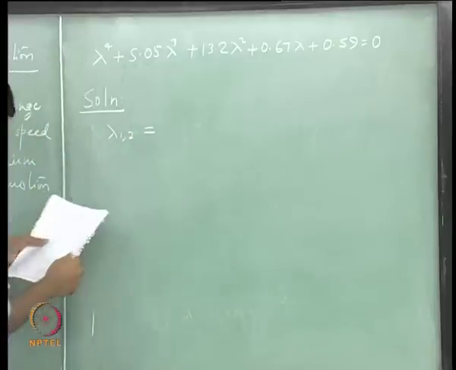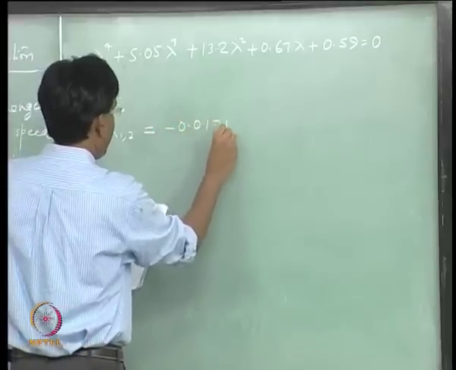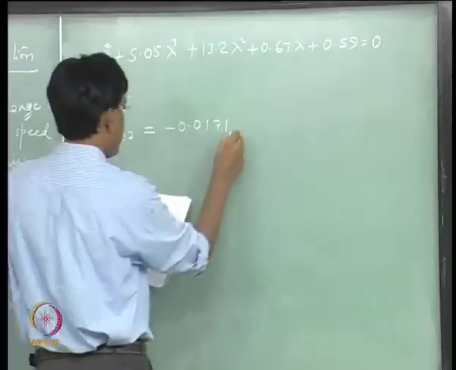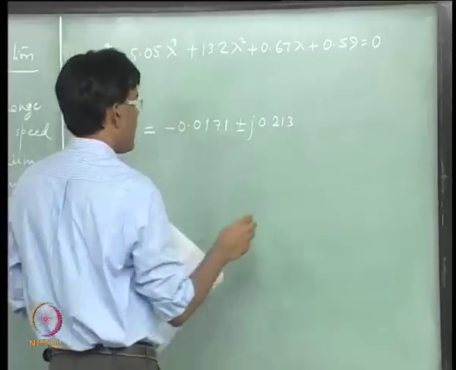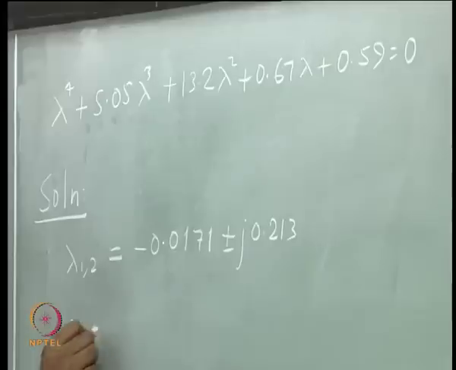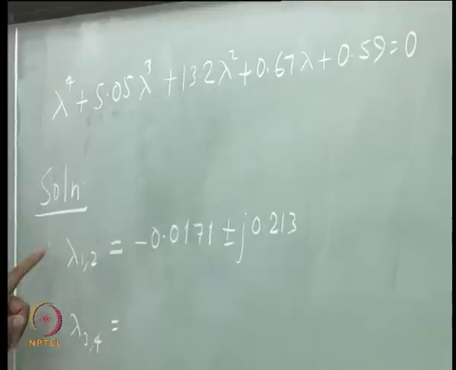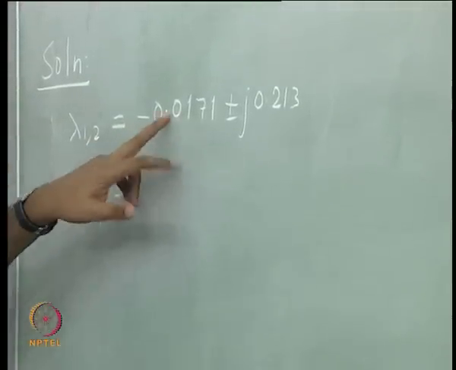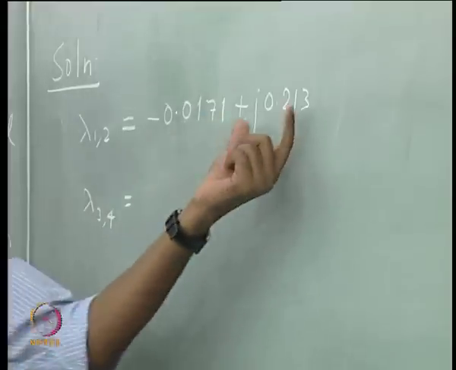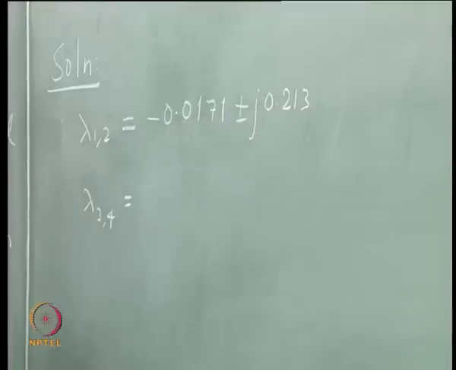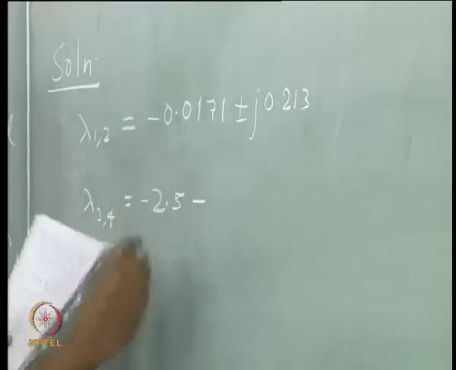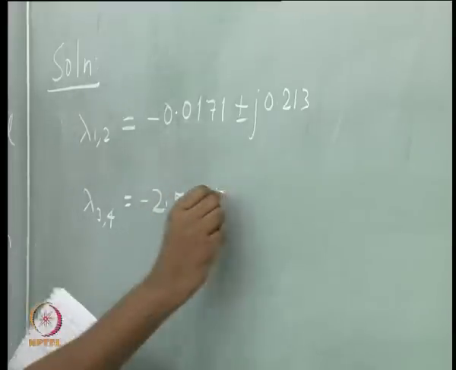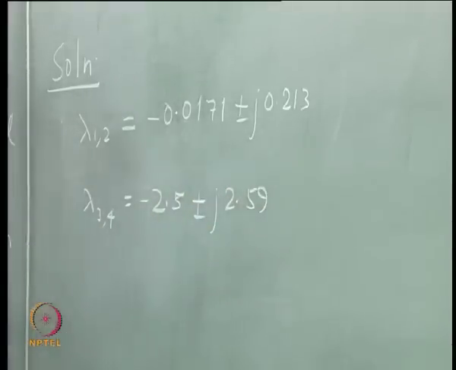One pair is lambda 1 and 2 equal to minus 0.0171 plus or minus 0.213 imaginary part, and the other is minus 2.5 plus or minus 2.59 imaginary part.